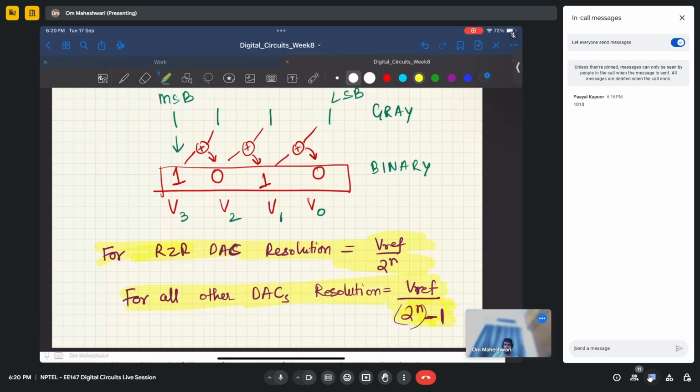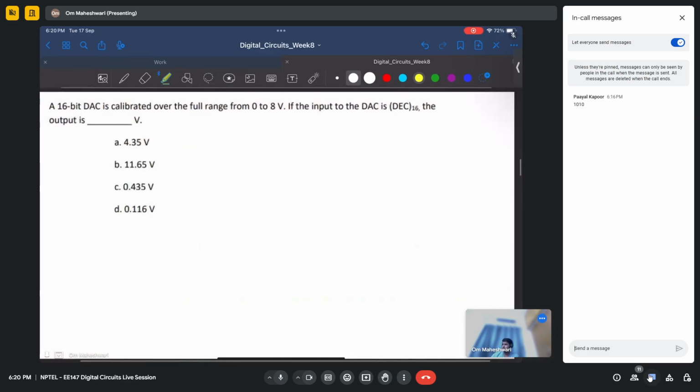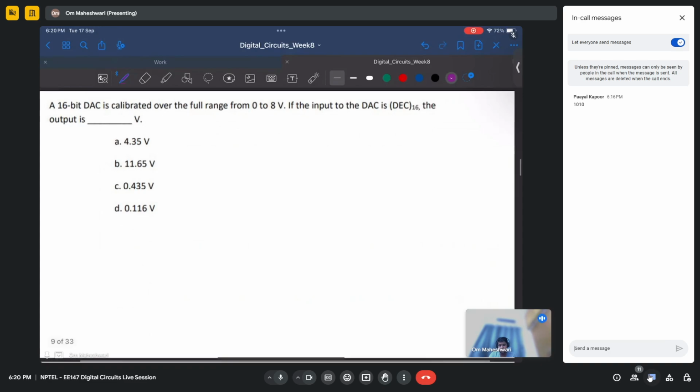Okay, so next question. You have a 16-bit DAC and it is calibrated over full range from 0 to 8 volts. If the input to the DAC is DEC in hexadecimal form, what is the output?